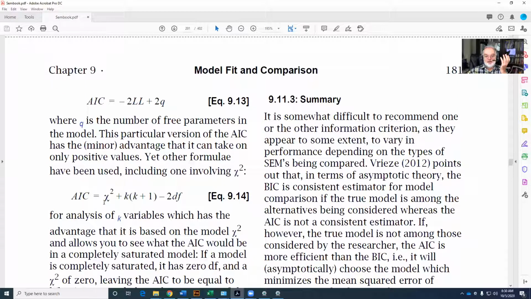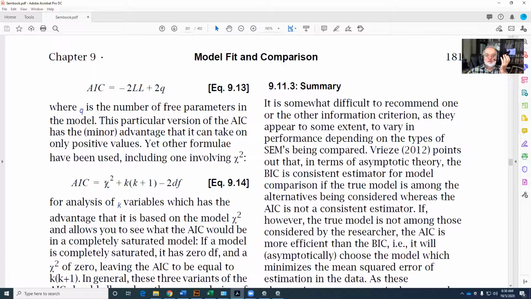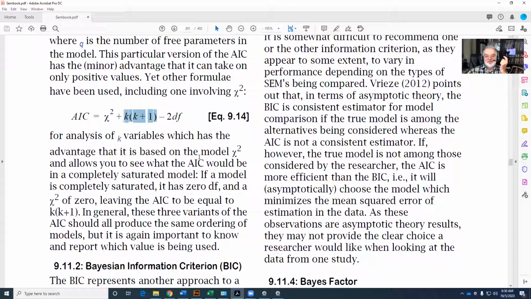There's another formula out there, which is the chi-square plus k times k plus 1 minus 2 degrees of freedom. It has the advantage that it's based on the model chi-square rather than the likelihood function. And if a model is completely saturated, has 0 degrees of freedom, AIC is going to turn out to be how many parameters times how many parameters plus 1.